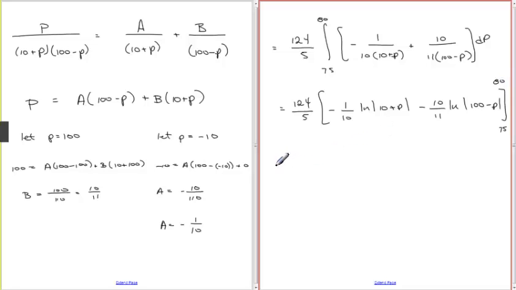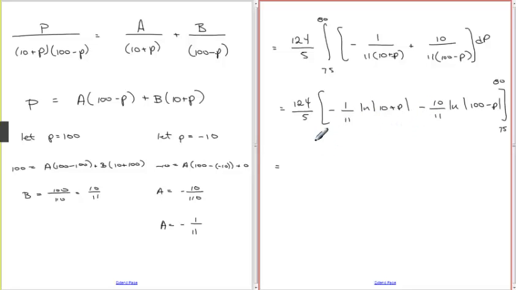Okay, let's simplify this a little bit. And I just realized I made a mistake. This should be 1/11, not 1/10, so let's fix that. So this would be 1/11 as well, and this is 1/11. I knew that because these should have the same denominator.